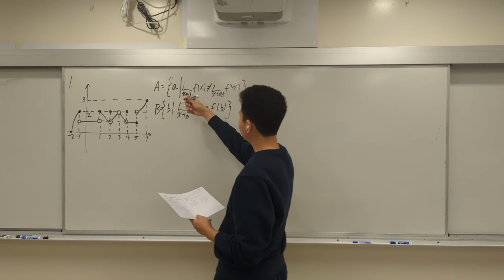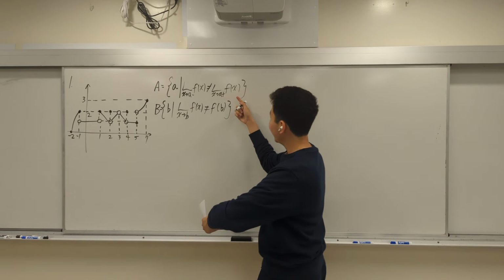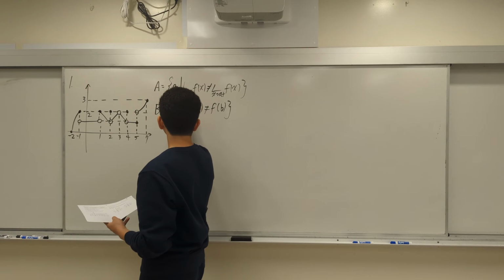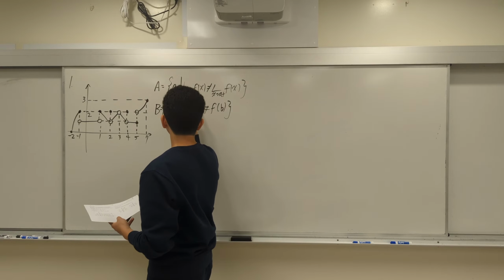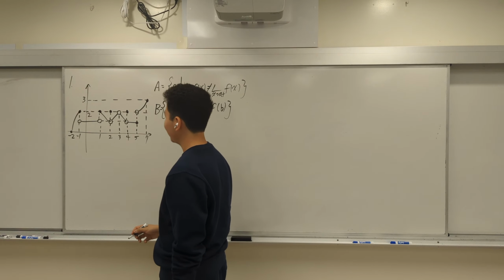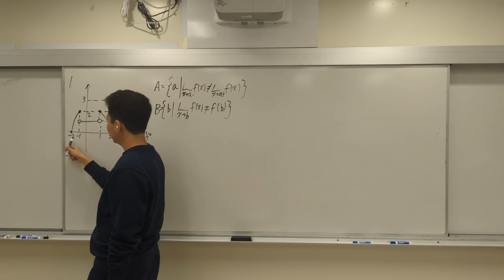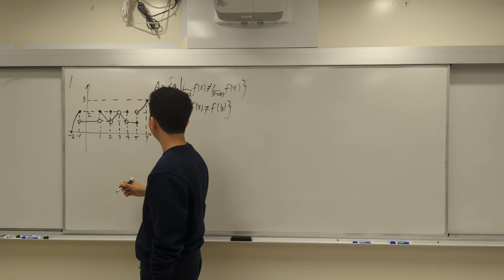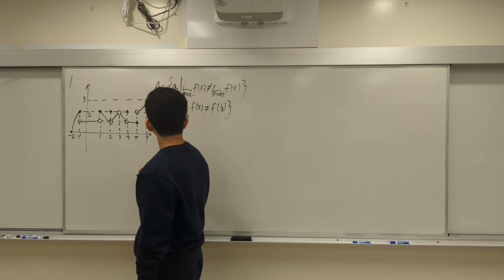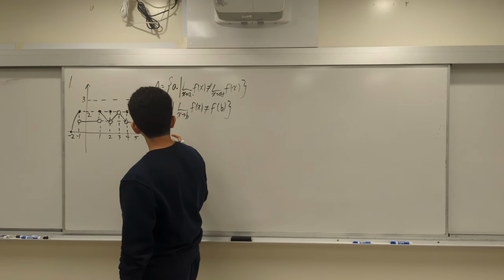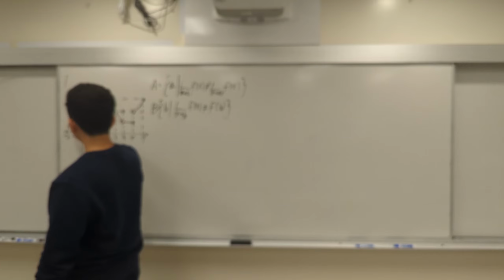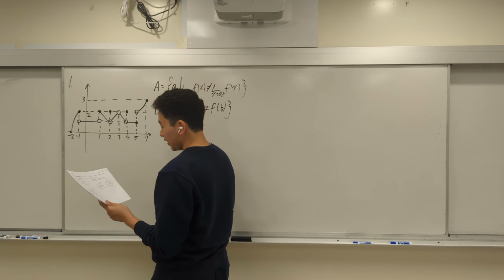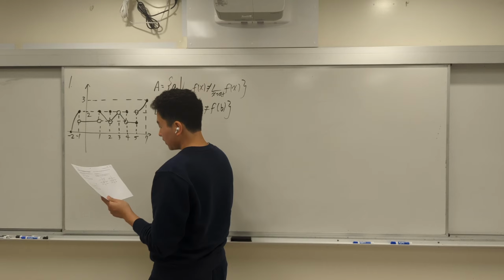So number 1, this is the left-hand limit and this is the right-hand limit for set A. We just have to look at every point that does not have equal left-hand and right-hand limits. We don't have to consider -2 because the left-hand limit does not exist at all. So, okay, let's go to -1. The left-hand and right-hand limits are not equal.